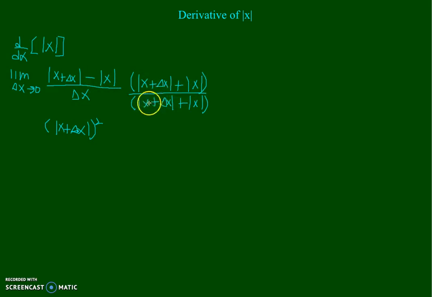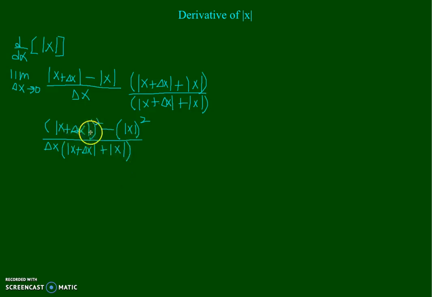Those two cancel out, and we're left with minus the absolute value of x squared, this times this. And that's all over this product here, so that's delta x times the absolute value of x plus delta x plus the absolute value of x.